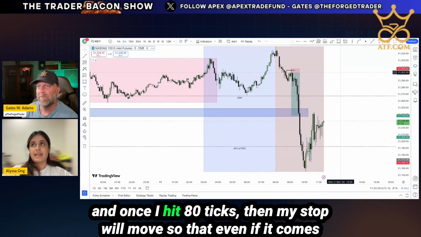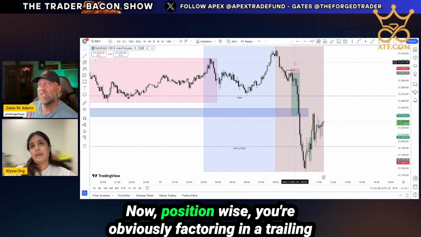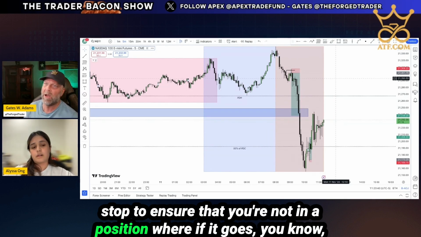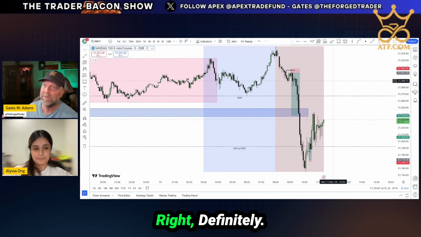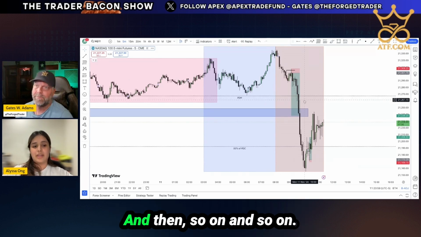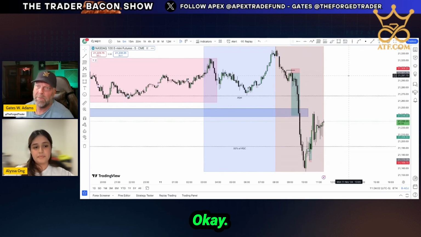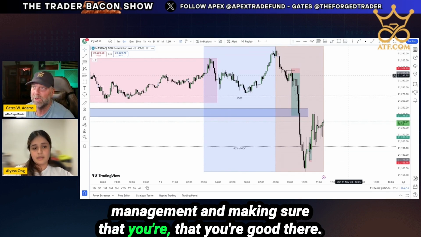And once I hit 80 ticks, then my stop will move so that even if it comes back up, I still get my 40 ticks. Now, position-wise, you're obviously factoring in a trailing stop to ensure that if it goes deeply in your favor and comes back to 40 ticks, you're not in trouble, right? Definitely. I would always trail it every 40 ticks, 80 ticks, and then 120 ticks, and so on and so on. Perfect. That definitely makes a lot more sense in terms of risk management and making sure that you're good there.